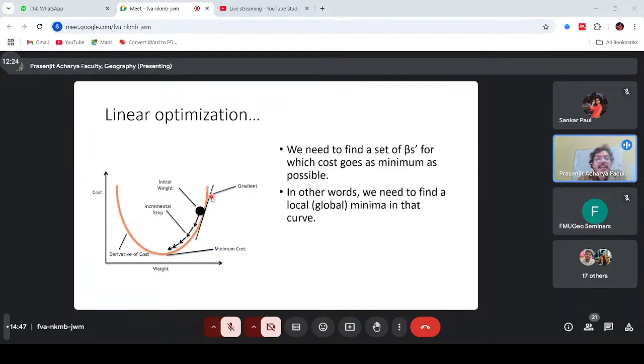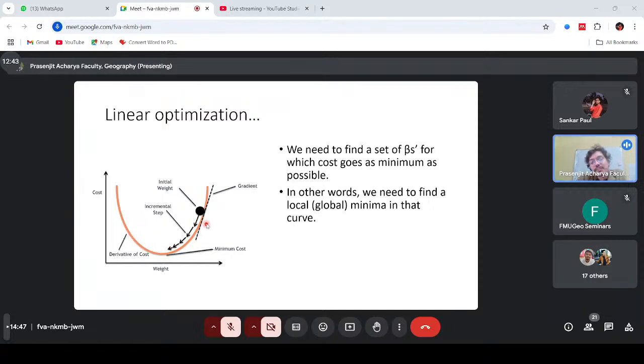This idea is called the gradient descent algorithm. It basically tells you this black ball, if you release it, rolls down here, moves a little bit, comes back again, and gradually settles down right here.